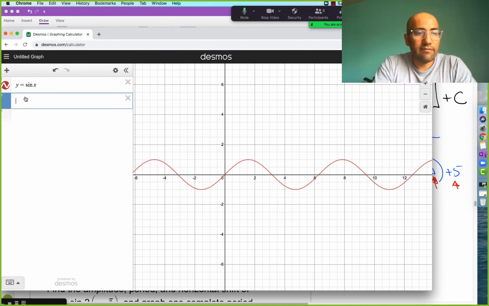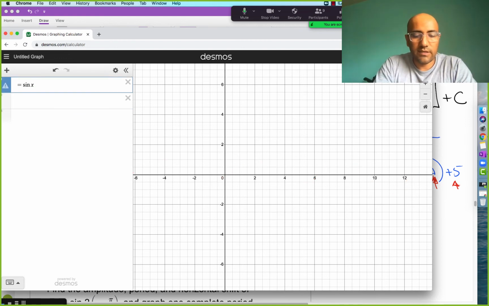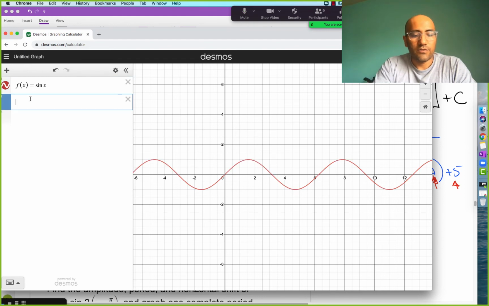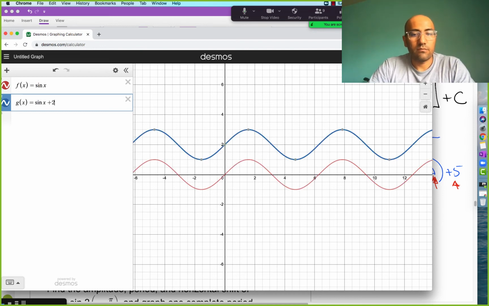What happens if I think of a new function? Let's put it into function notation. Let's say this is f of x, and let's define a new function g of x, which is equal to sine of x plus 2. What this plus 2 does is take your standard sine function and add 2 to the output.